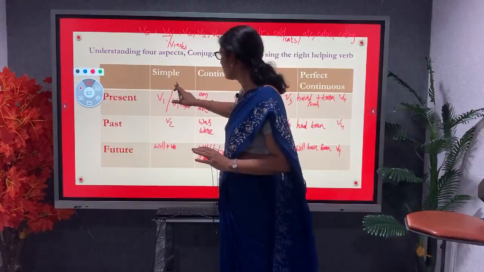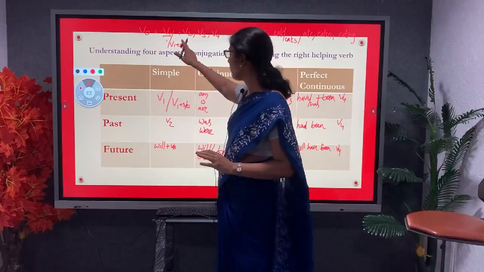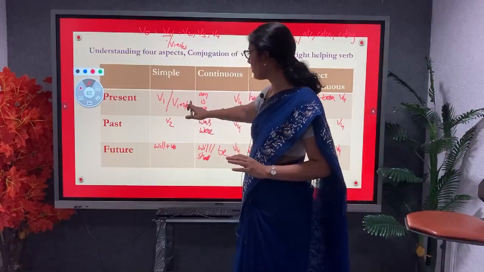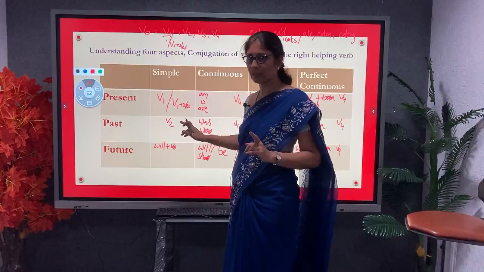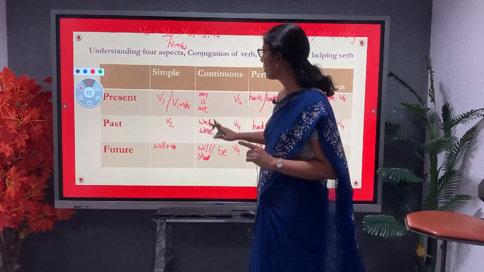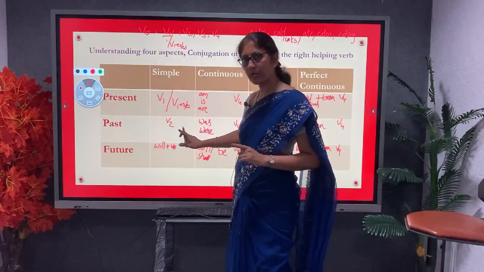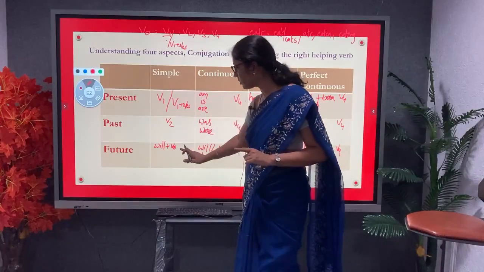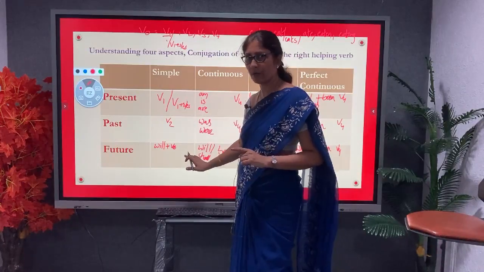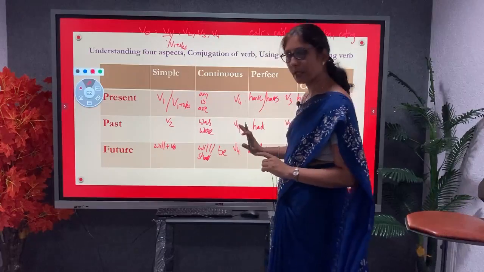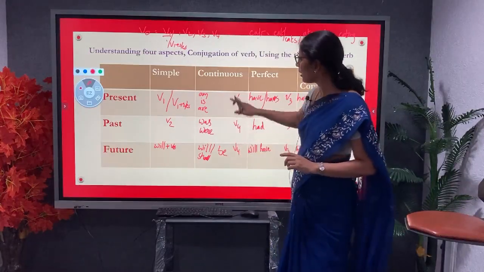For simple present, V1 form. For third person singular we add s or es in a positive sentence. For simple past we take V2. For simple future, will plus V1, not es; we don't add s or es.